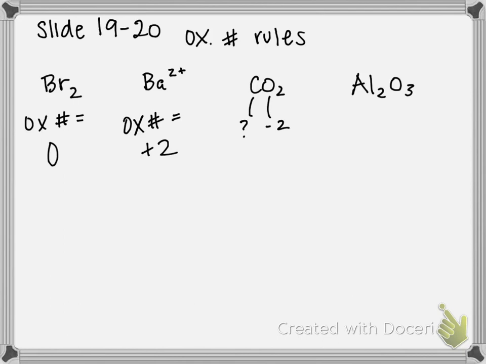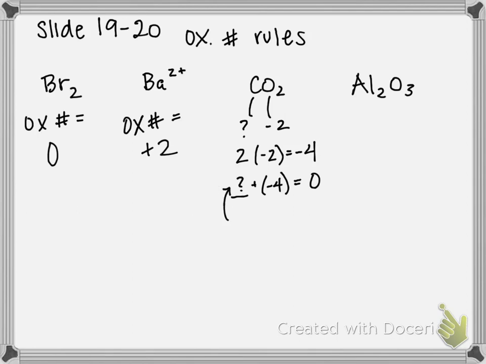The way we figure that out is we have 2 oxygens that each have a -2 charge. That means they're contributing a total of -4 to the overall oxidation state of the compound. So something plus -4 has to give us a total charge of 0.